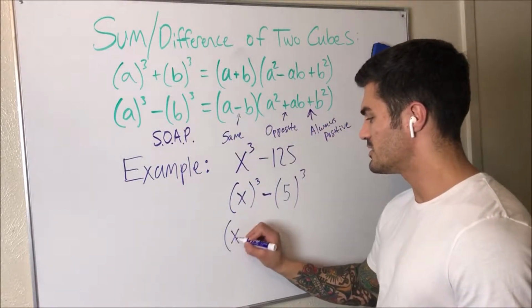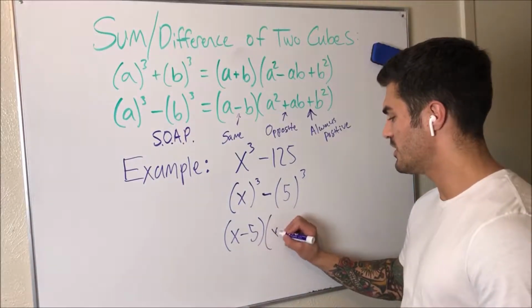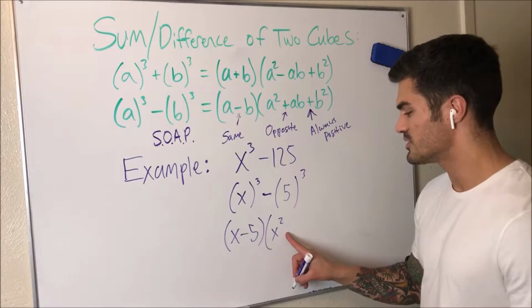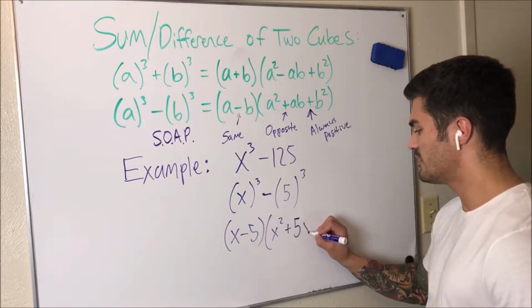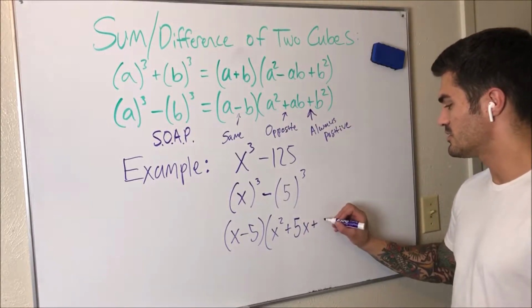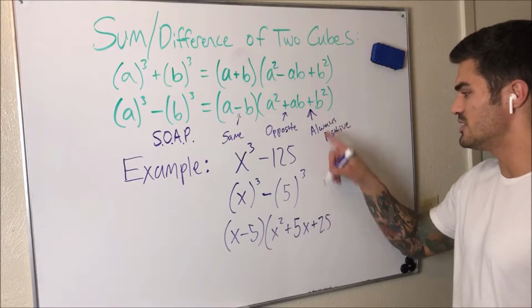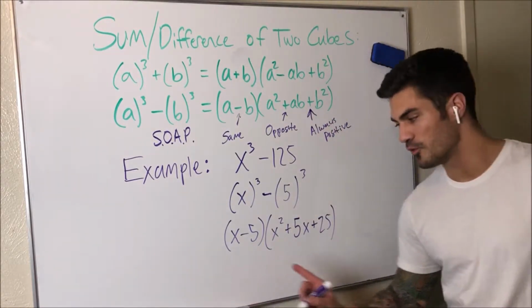So I have x minus 5, this is always the same, and then I have x squared, and this is always opposite, plus A times B, that's 5x, and this one is always positive, and this one's 25 since that is b squared and my b is 5. And this is the final factored form.